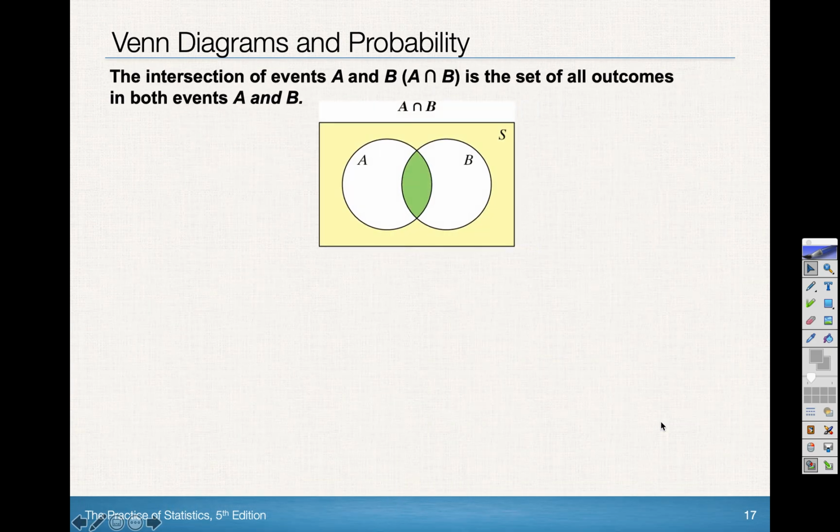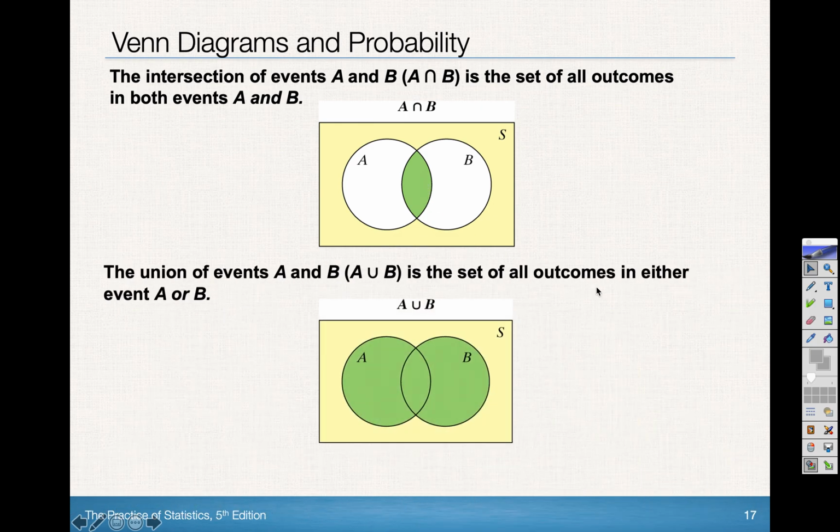When looking at Venn diagrams, if we're looking at the intersection of two circles, you would see it as A intersect B, which looks like an upside down U. A intersect B would be the intersection, the middle, the green part of this Venn diagram.